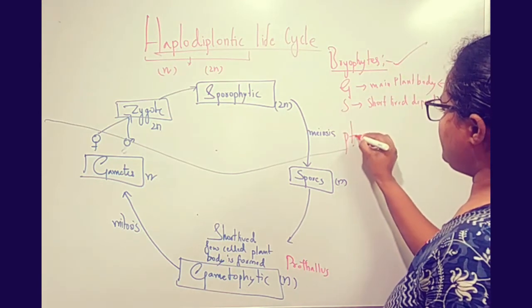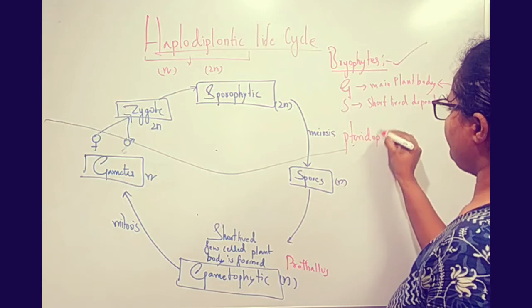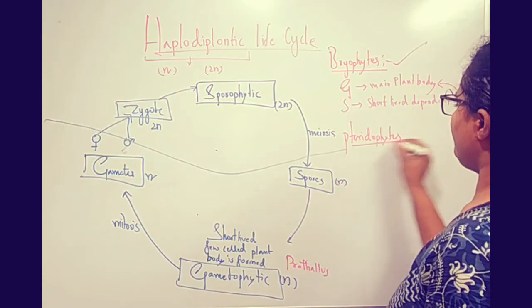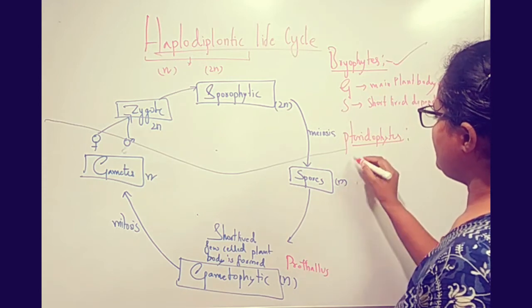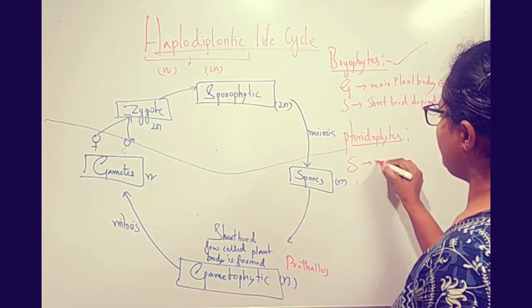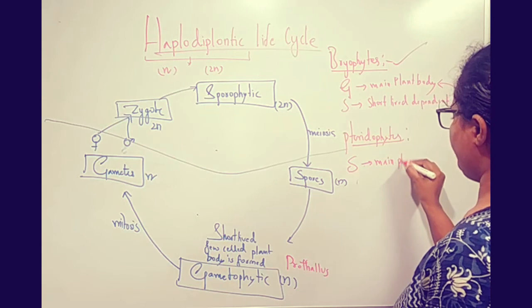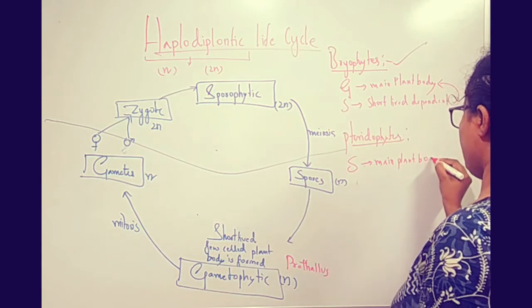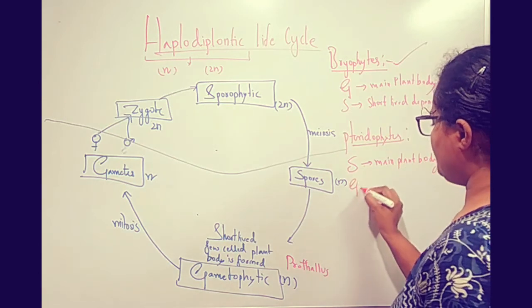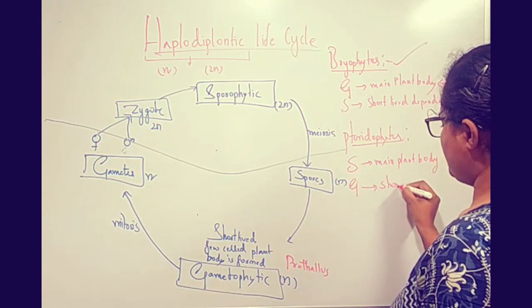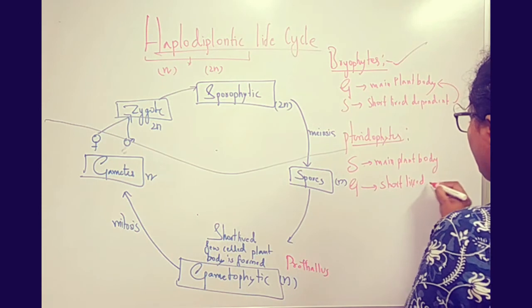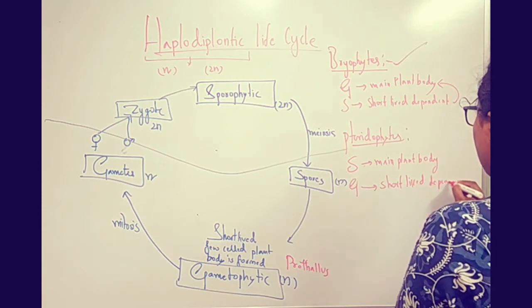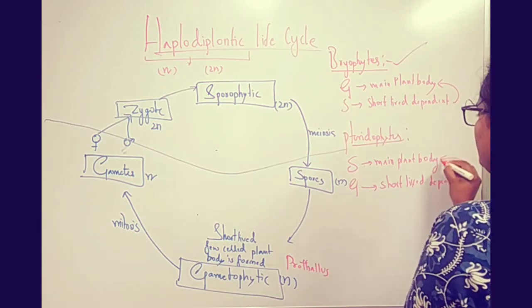In pteridophytes, what happens? The sporophyte is the main plant body, where the gametophytes are short-lived, like the prothallus, and dependent on the sporophyte.